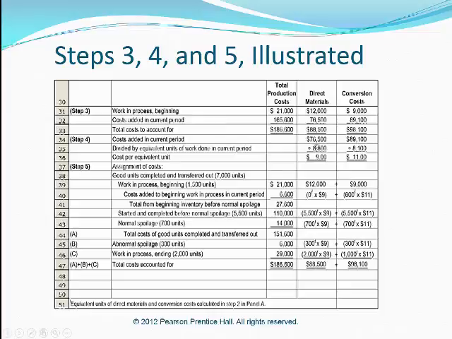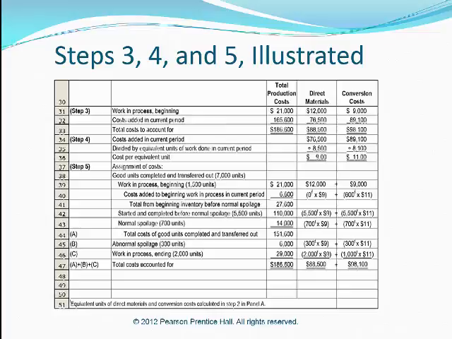Dividing by our equivalent units from step 2 for direct materials and as to conversion costs gives us $9 and $11 per unit. Moving on to step 5, we need to assign the cost all the way.